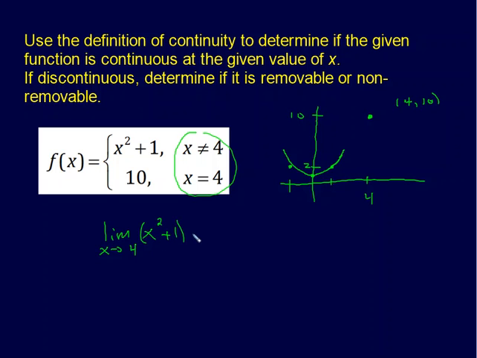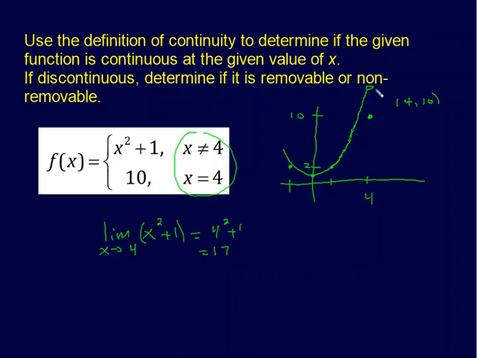And what we're going to find out is this is a limit that I can get an answer just by plugging in 4. But I do get 4 squared plus 1, which is 17. So what I'm really going to observe is that by the time I get to 4, this graph is going to overshoot this point by quite a bit. In fact, I don't even have enough room to draw it.